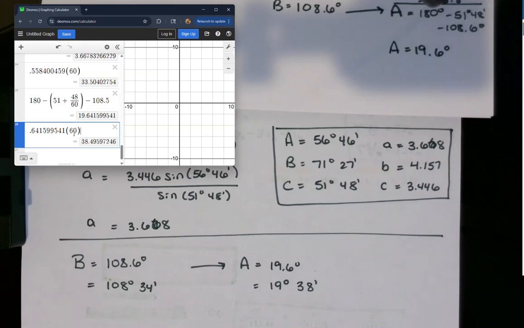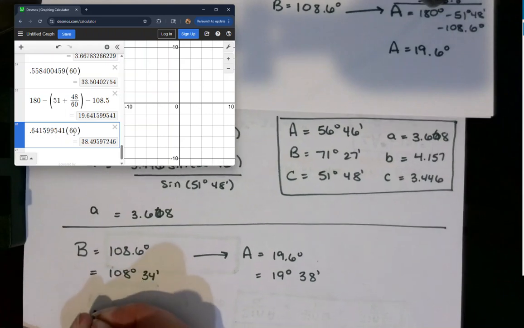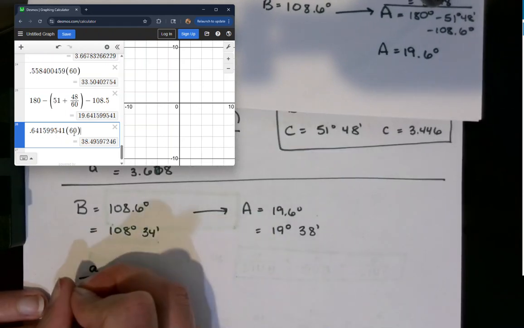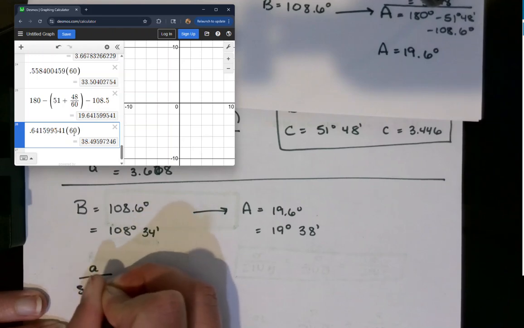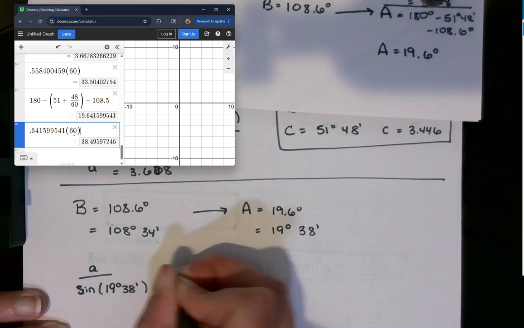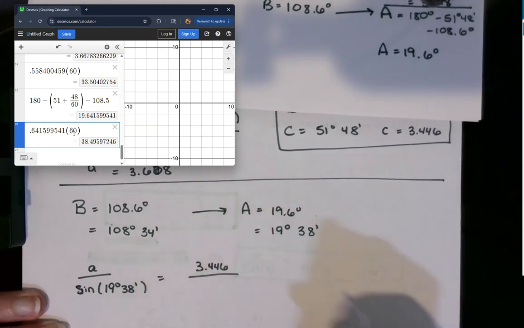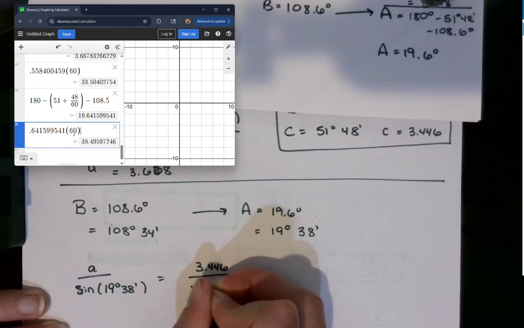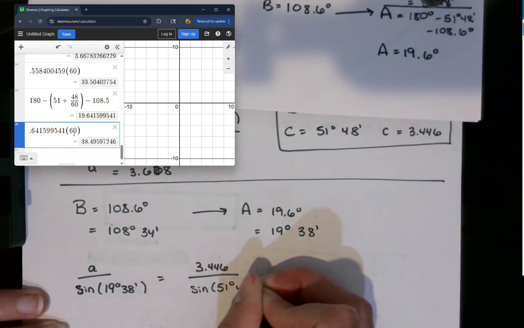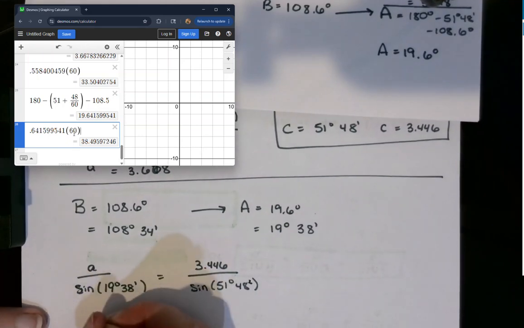Need to find our last little piece here, the missing side length for little a. Little a over the sine of that 19 degrees, 38 minutes. We're going to keep the C pairing just because we had that information already. There's no chance that we are the ones introducing rounding error. 51 degrees, 48 minutes. And we're going to multiply our sine over again.